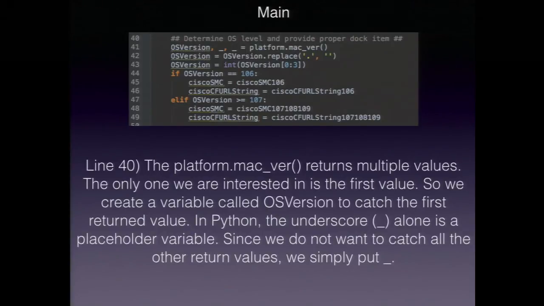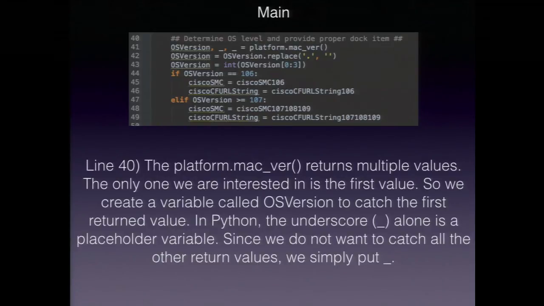This is a built-in module we imported earlier, platform. It allows us to get at basically system profiler stuff inside of Python. So we get macver, and what it does is it actually returns three things. I forget what the other ones are. I think they're error values, but we really only want the first thing.